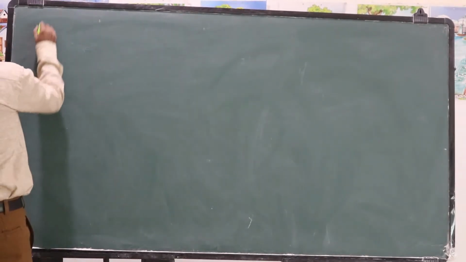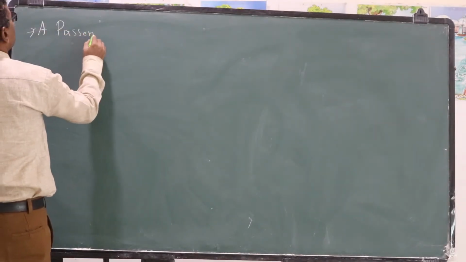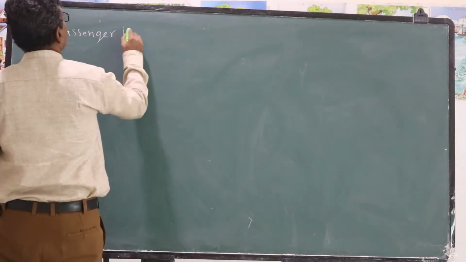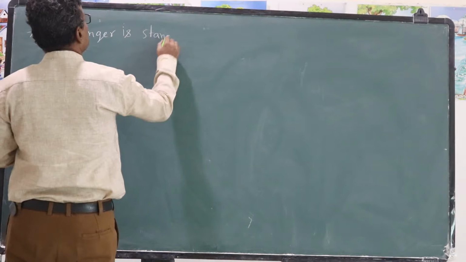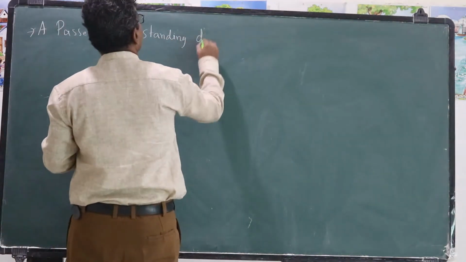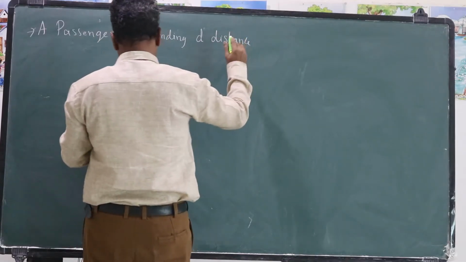A passenger is standing a distance d away from a bus.